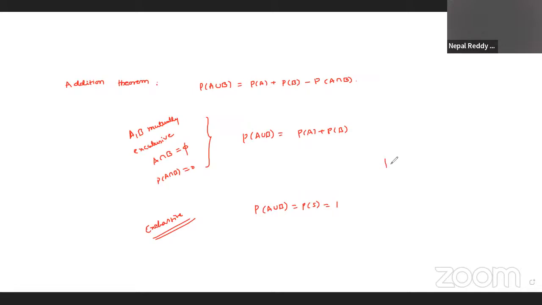And also probability of A intersection B is always less than or equal to probability of A, or we can say probability of B is less than or equal to probability of A union B, which is less than or equal to probability of A plus probability of B. Remember.